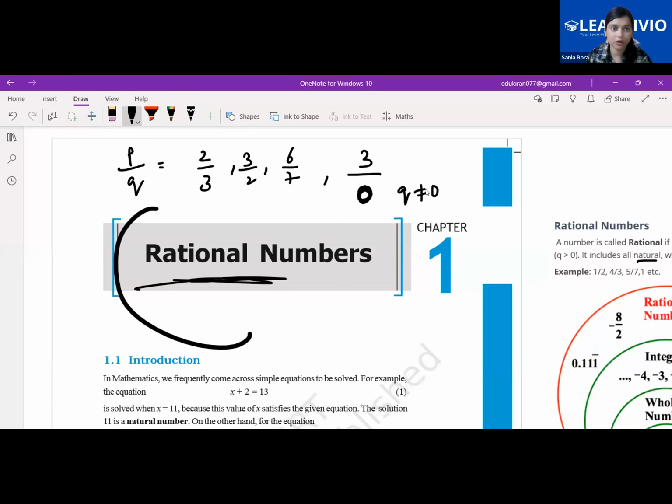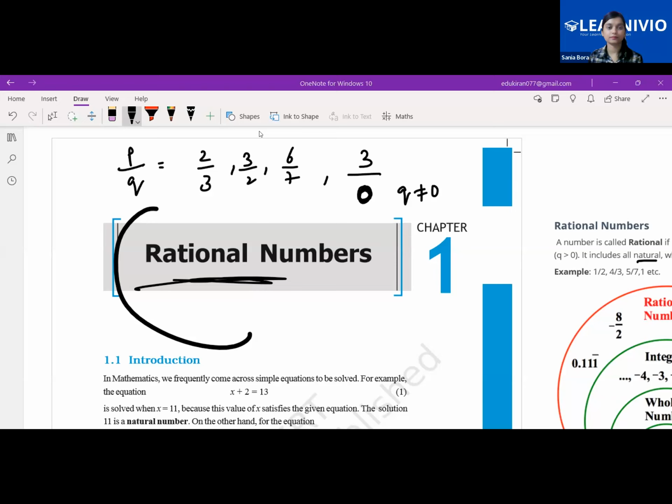I already taught this to those students who were with me in my previous classes, like in 7th class. So remember one thing. If I ask you what are rational numbers, you will say, ma'am, rational numbers are those numbers that can be written in p upon q form. But there is one condition that q should never be equal to 0. That means the denominator can never be equal to 0. Fine?